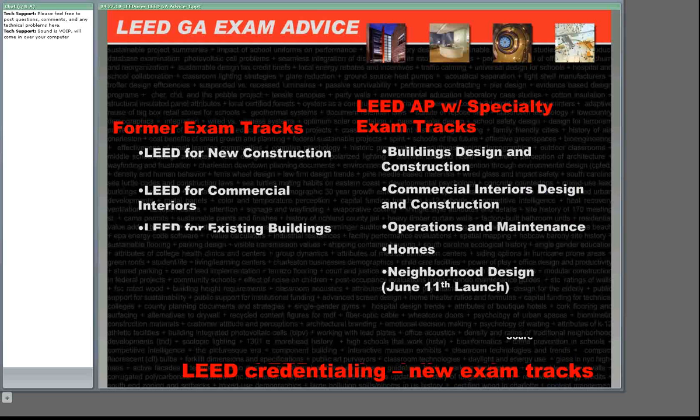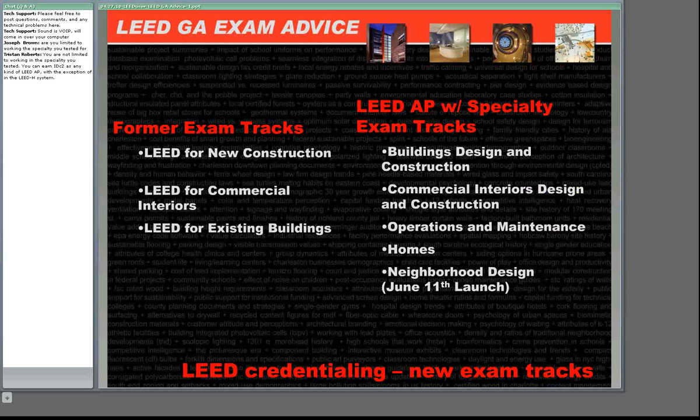And just so you know, with the old exams, you could take 3 exams. One track was for new construction, one track was for commercial interiors, and one track was for existing buildings. Those exam tracks essentially exist in the new system, but they're a little different. For instance, building design and construction is roughly equivalent to LEED for new construction, but building design and construction also contains information on LEED for core and shell and LEED for schools.